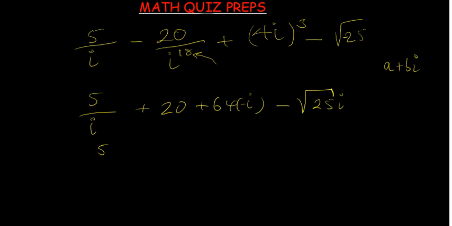So the i is going to be outside. That is because if we have got root of negative 25, let me show it here. This is saying the root of 25 times the root of negative 1. And we know that the root of negative 1 is i. So that is how it is going to become. So the i is outside the root. Is it fine now?